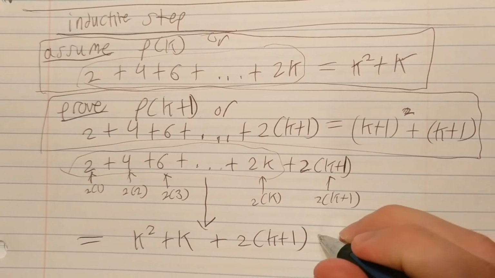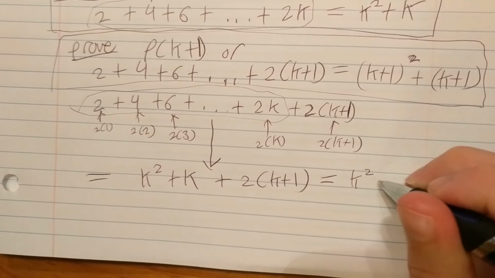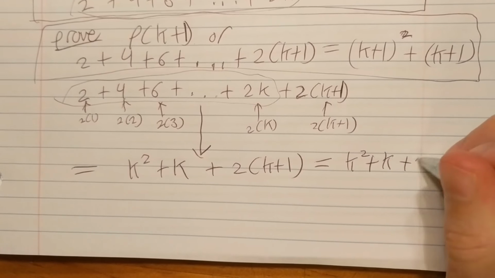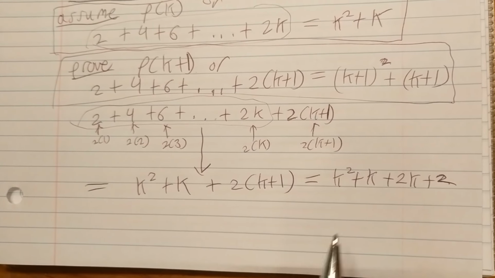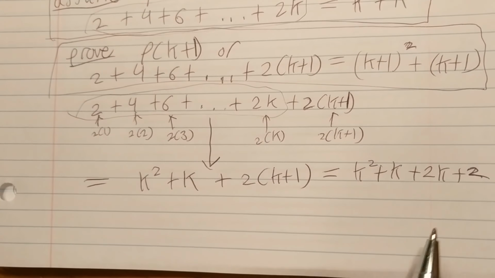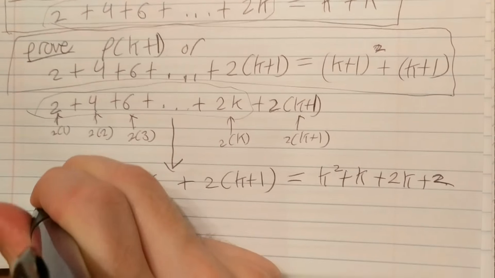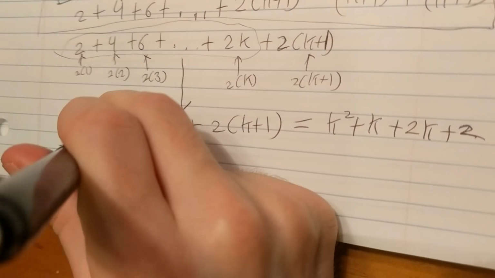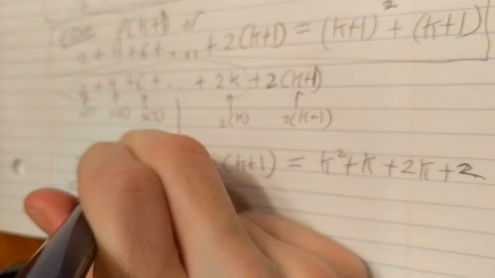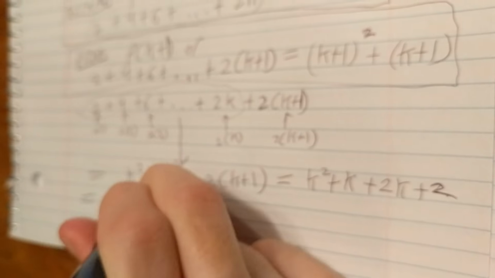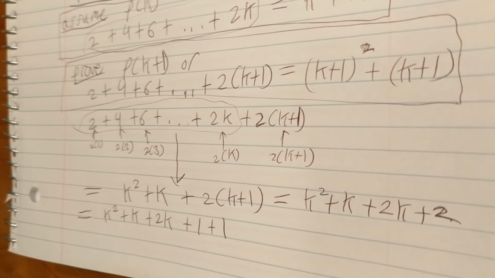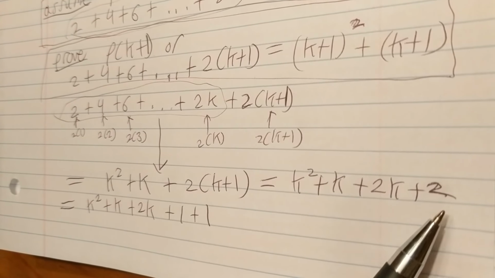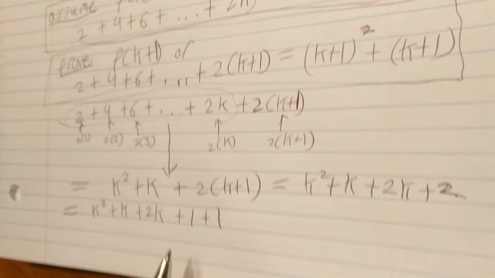And then we could expand this out. k squared plus k plus 2k plus 2. Here we're just distributing the 2. And I'm going to do some algebraic manipulation, so I'm going to rewrite this in a way that's more convenient for what I'm trying to do. k squared plus k plus 2k plus 1 plus 1. Basically, I'm just splitting up the plus 2 into two separate plus 1s.